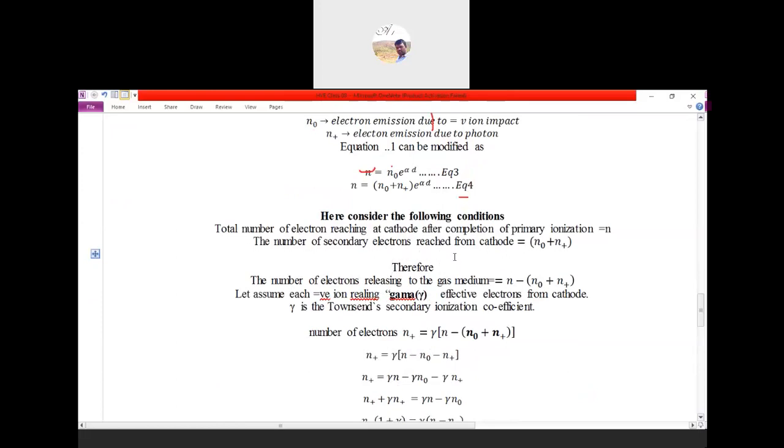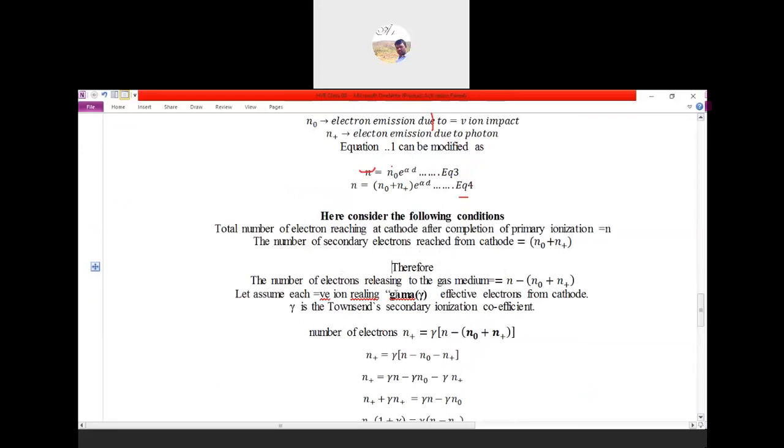Next. Here this equation is modified. Whatever equation 1 is there, we are modifying it. In terms of electrons, n is equal to n naught e power of alpha x. Here x and d are the same, remember. x is nothing but distance, d is the distance we are considering.